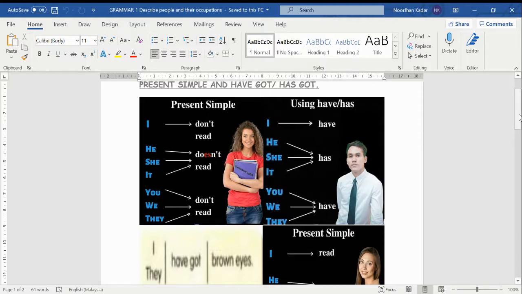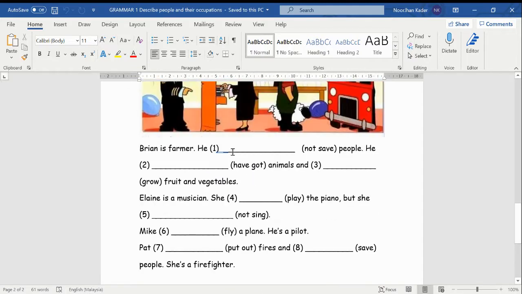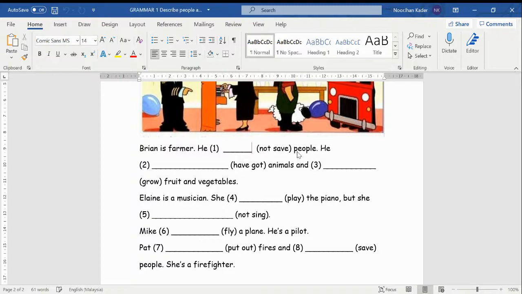But do you write here doesn't read? So we have to use doesn't for Brian. So I want to delete this blank. I want to delete the underline, because it is in my way when I type. Okay, you can write doesn't, or you can also write does not.